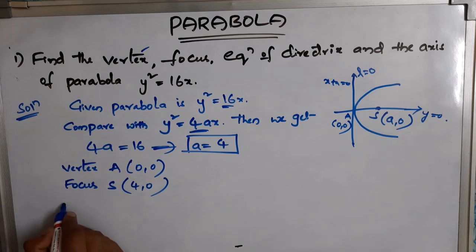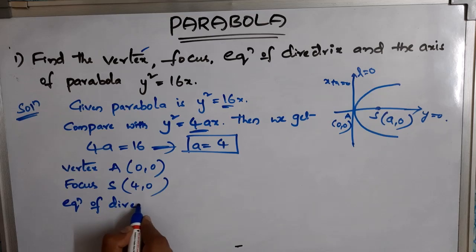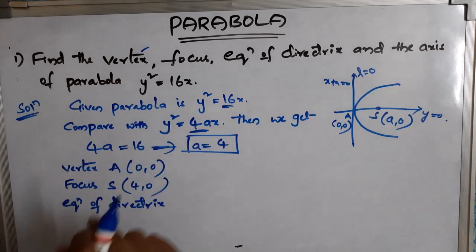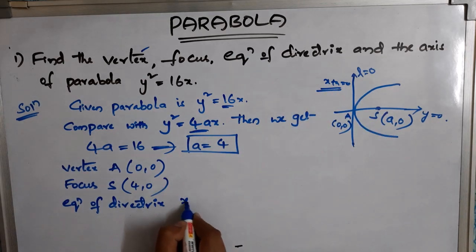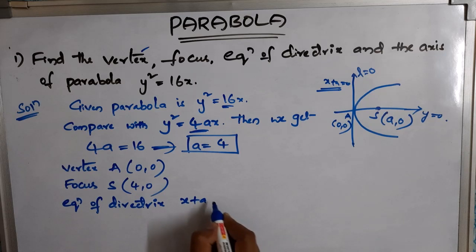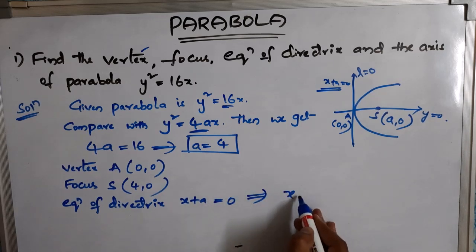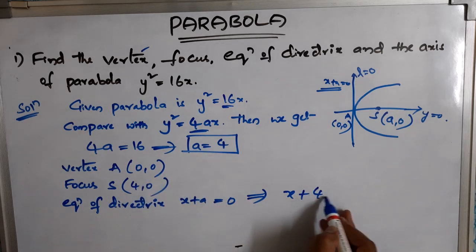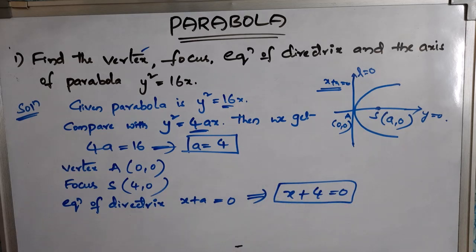And the equation of directrix, in case of y square is equals to 4ax, is x plus a is equals to 0. What is the value of a? 4. So x plus 4 is equals to 0. This is the equation of directrix.